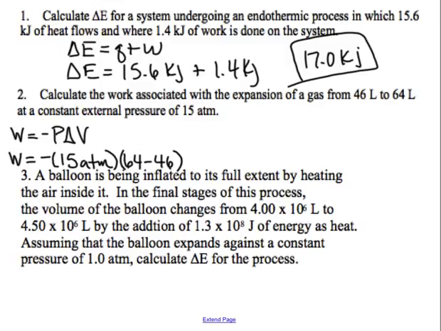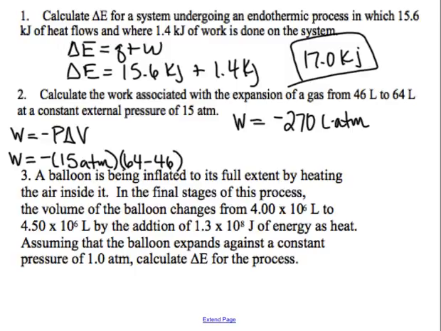So in liter atmospheres, what is work equal to, 2 sig figs? Negative 270 liter atmospheres. Does our negative make sense? Yes, our gas is expanding against the surroundings, so the system is doing the work.